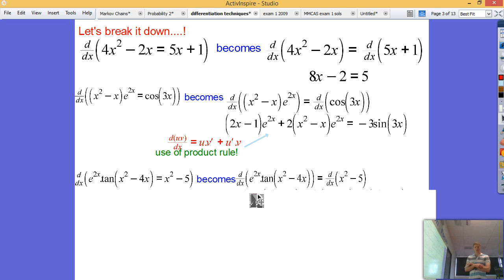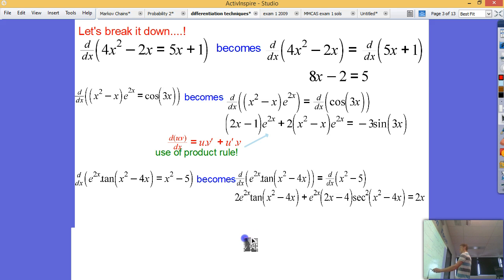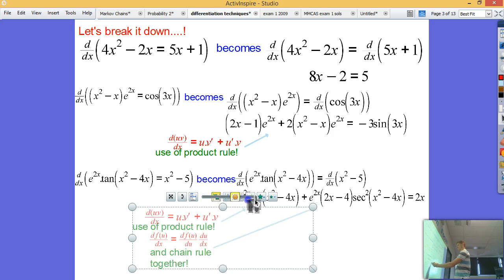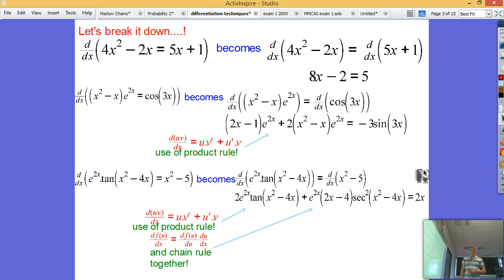When we're doing the derivative, what kind of technique do you think we'll need to employ for this one? One or two types of techniques. We will end up with that as the derivative. And what did we do to achieve that? Well, we used both the product rule and the chain rule together.